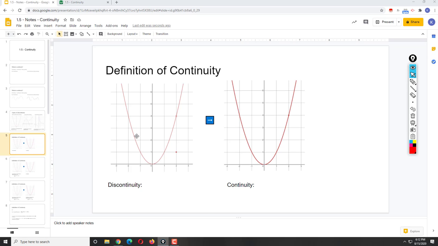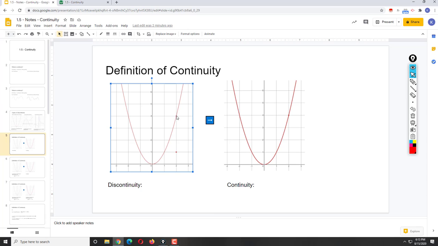Well, let's look at one type of discontinuity, the removable ones. When we have a removable discontinuity, the only difference between it and a continuous function is that there's some point where f of x is not equal to the limit.